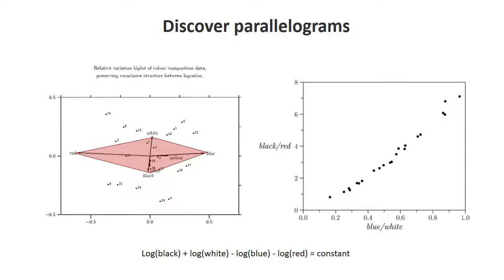That also means that if I now take ratios of black-red and blue-white, the samples will show up as correlated along those different ratios. So again, it's a way of representing all the information in this data matrix in a simple plot and focusing on those correlations and ratios that are important.